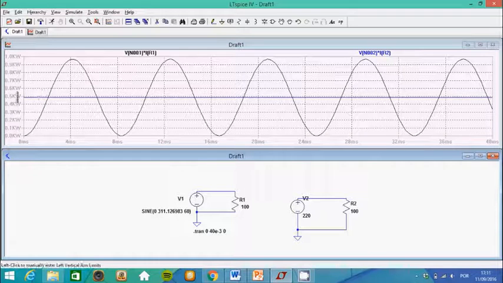It's the average of the instantaneous power of the AC circuit. Okay, so if we calculate the average power of this wave, it's equal to this value. Okay.